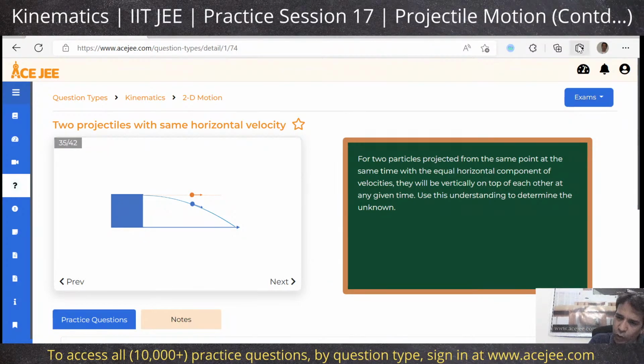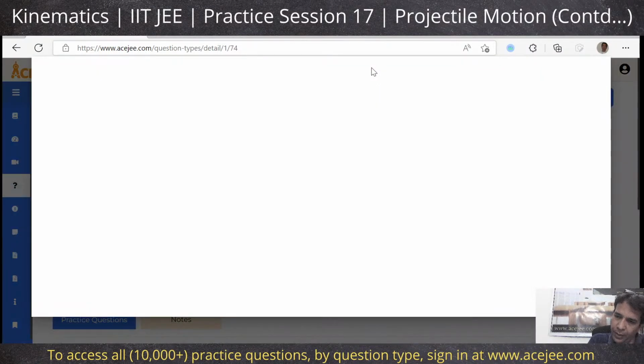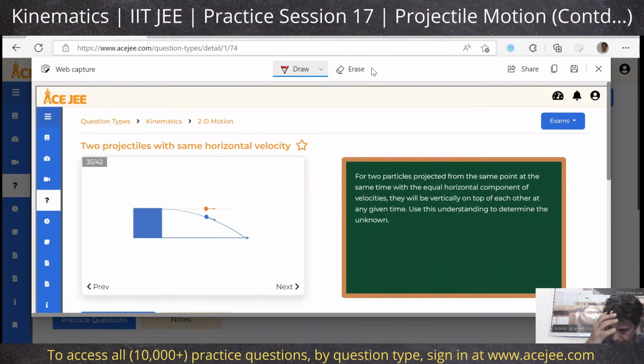If the helicopter is flying at a certain height with some velocity u, and it drops a packet at that point, and the intention is to hit an object, let's say a wagon or some kind of car moving with the same horizontal velocity, then the two are bound to meet, right?